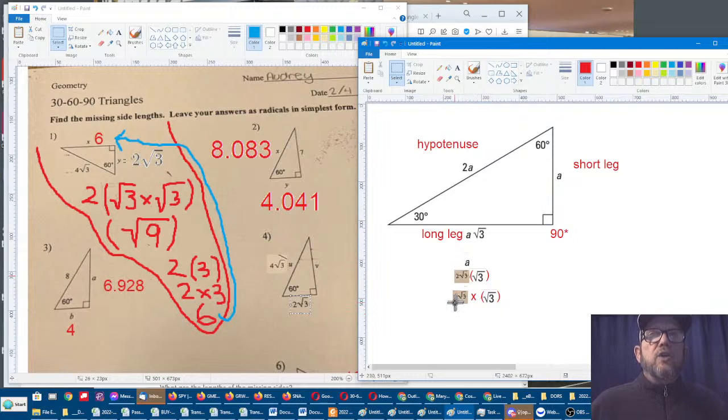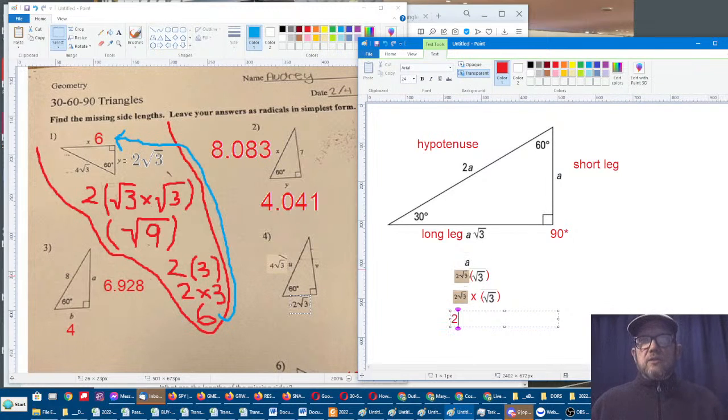It's 2 times square root of 3 times square root of 3. So now we're going to change it another way. I think it's called the associative property of math. And you can rewrite it like this.